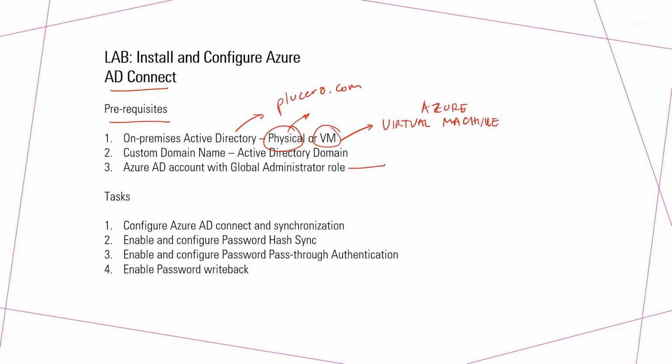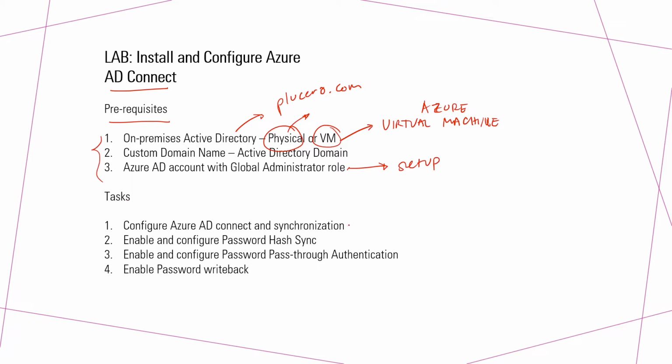We're going to need also an Azure AD account with Global Administrator role. This is required during the setup. Yeah, so those are the three main things that you need in order to install and configure Azure AD Connect.